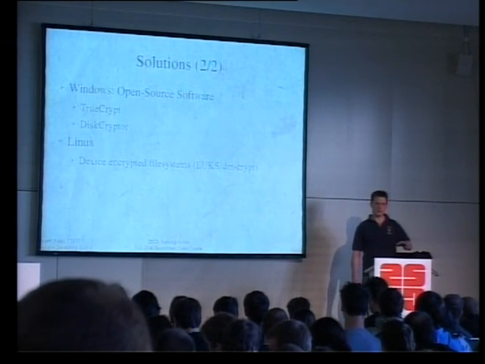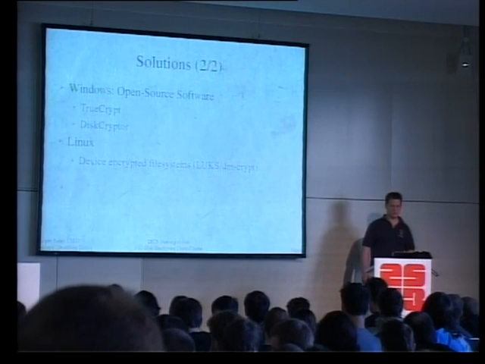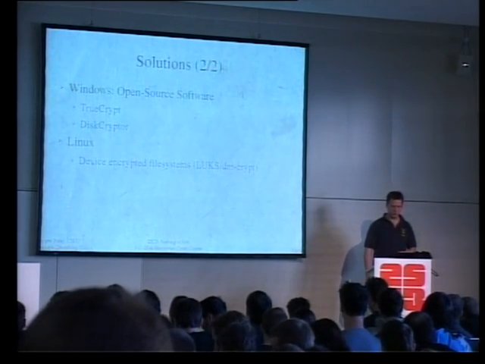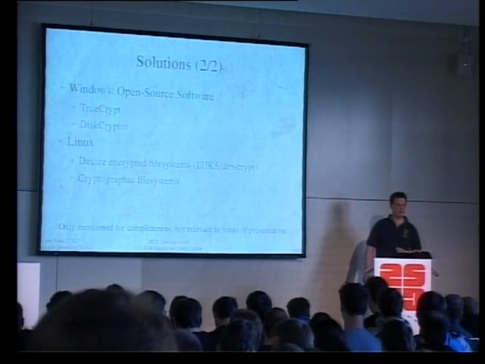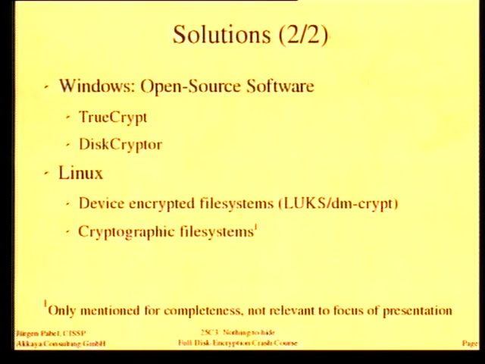It just defines the specification for the on-disk layout, and dm-crypt is the kernel driver glue that makes it all work. We have cryptographic file systems, where the file systems themselves implement disk encryption, and we don't really want to look at these right now because they're standard file systems, so to say.